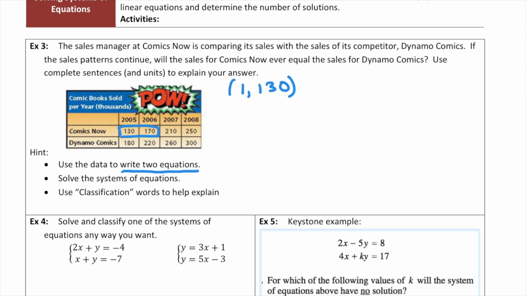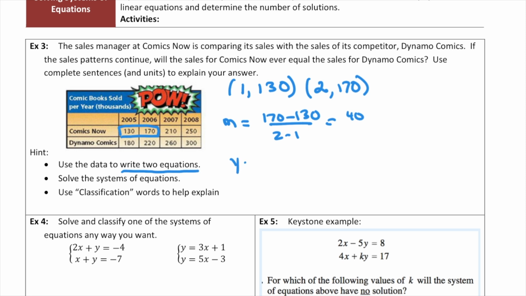For 2006, I'm going to call that year 2, and I had 170 books that were sold. As you'll recall, we're going to write the slope of the line, taking 170 minus 130 divided by 2 minus 1, which will give me 40.